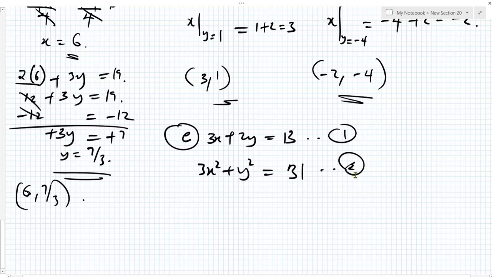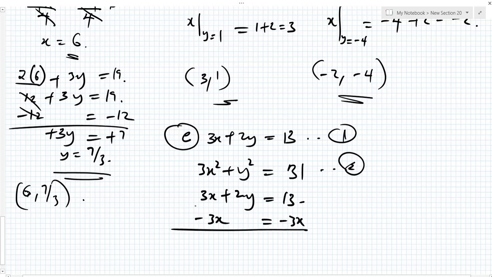So to solve this, from equation 1 we make y the subject of the formula. 3x plus 2y is equal to 13. If you add minus 3x to both sides, this will cancel.